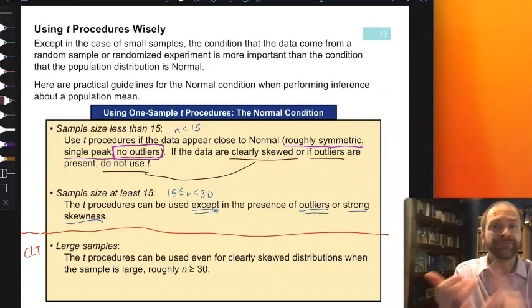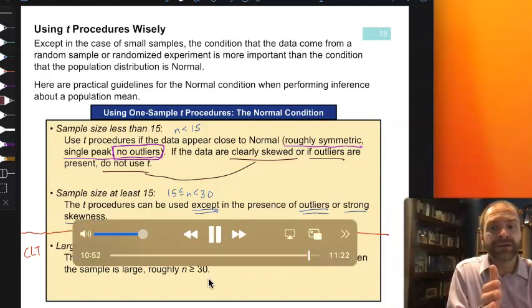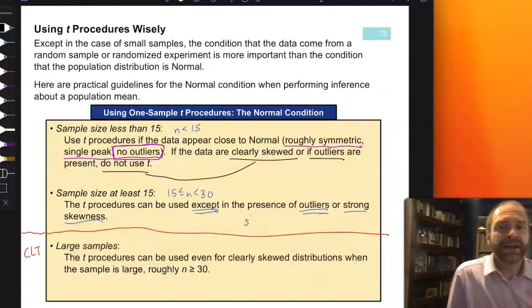So make it symmetric and single peaked, no outliers, no skewness. And if that happens, let's continue with the t procedures and they can be used. So our t distributions, our t-star, can be used when it's less than 30 if it meets these criteria. And that's kind of what we're looking at in this. So we can keep that in mind.